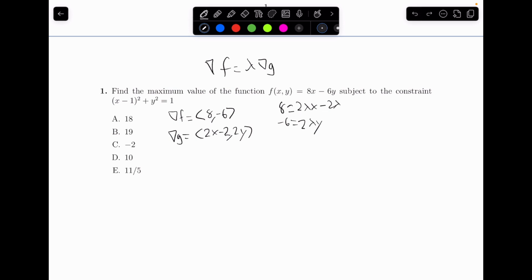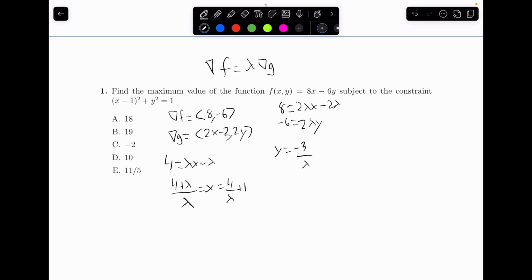I'm going to divide by 2. We get 4 equals lambda x minus lambda, therefore x equals 4 plus lambda all over lambda, which is 4 over lambda plus 1. And y, similarly, is going to be negative 3 over lambda.